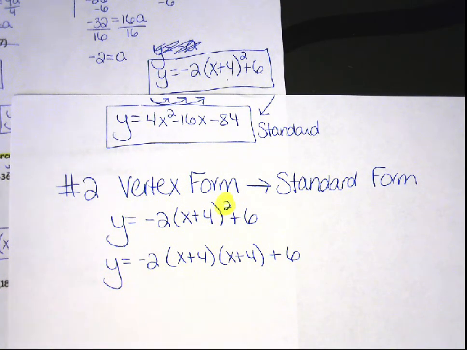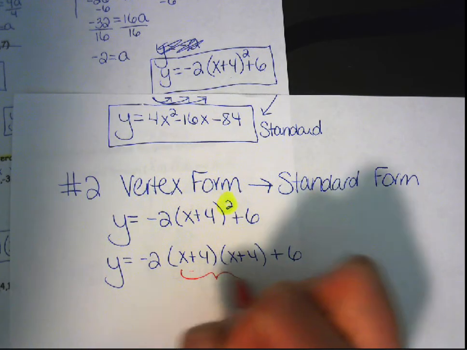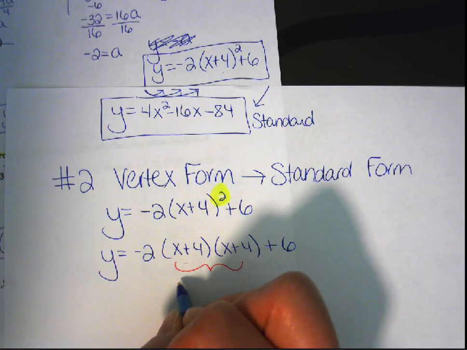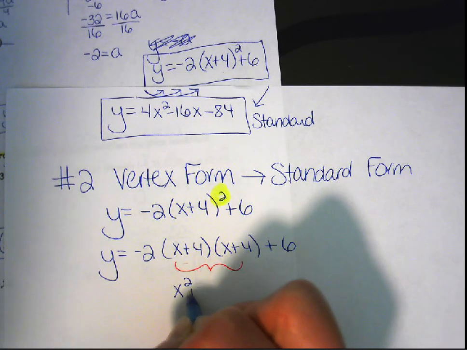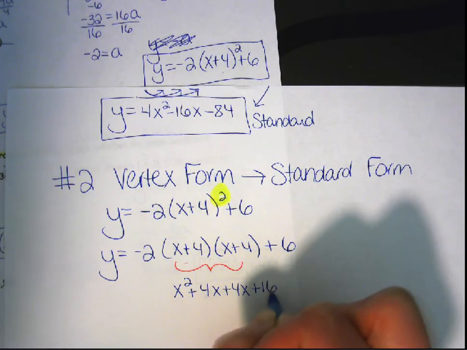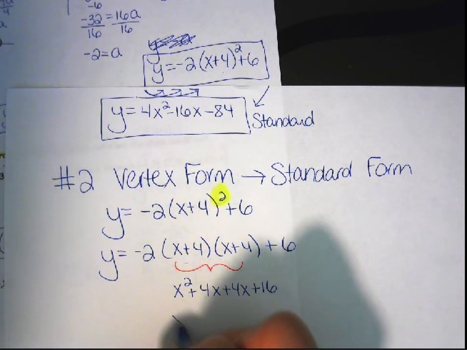So probably the first thing I would do is I would ignore everything and I would just FOIL those 2 out. So if I FOIL these out, I would do first, outer, inner, last. That's simply FOILing.